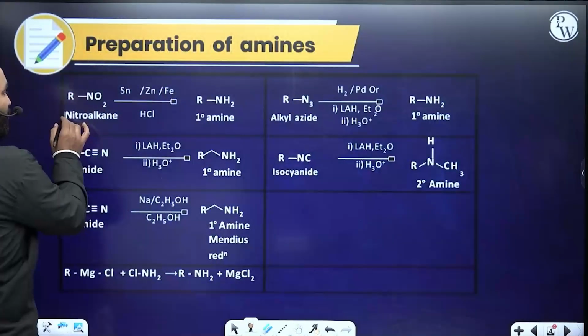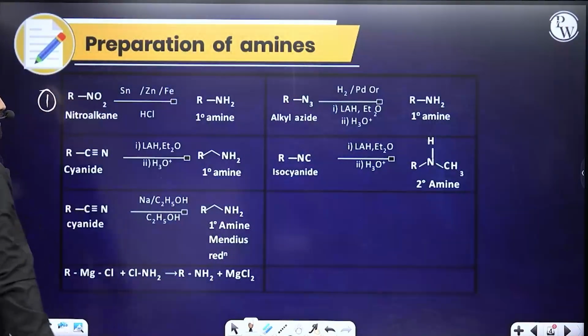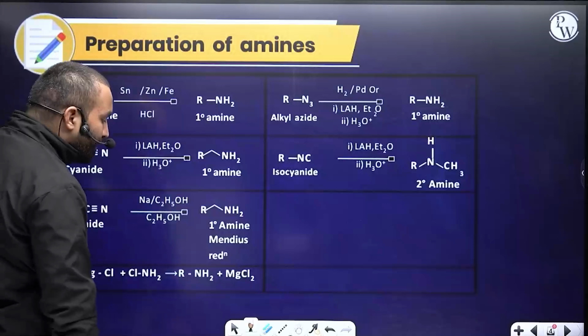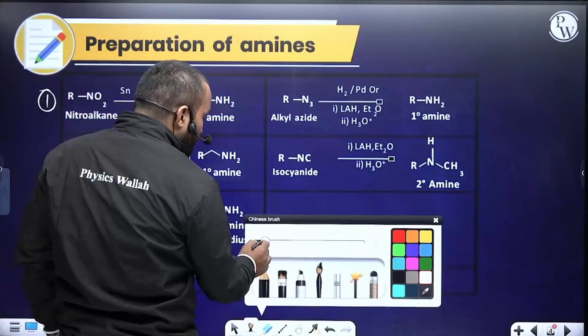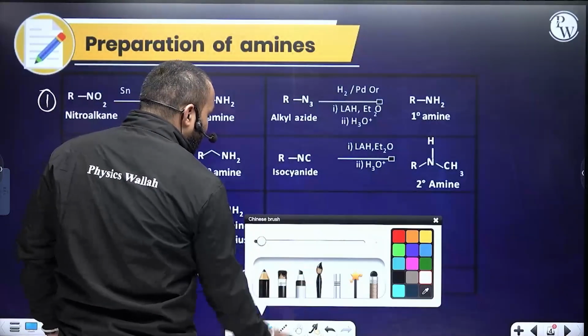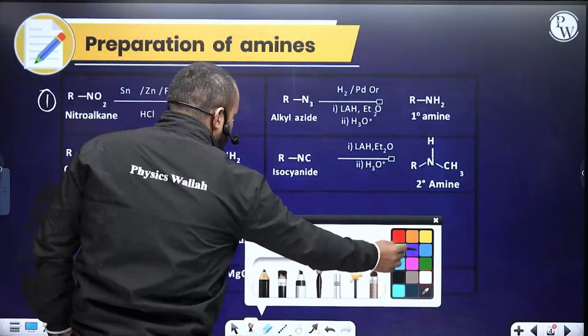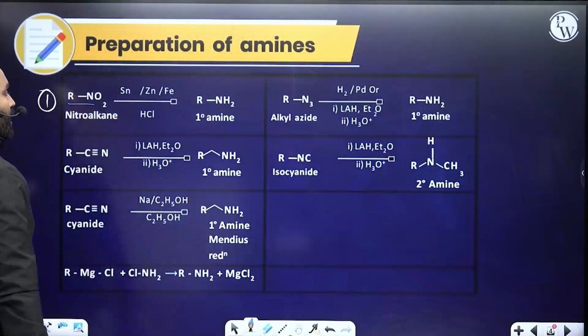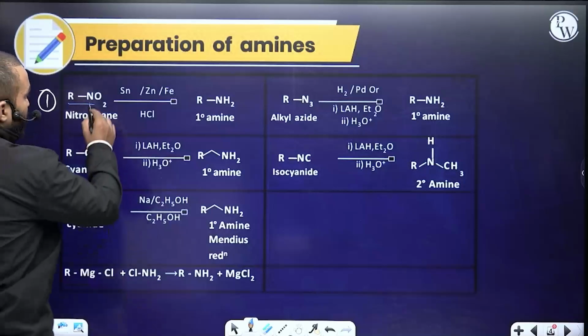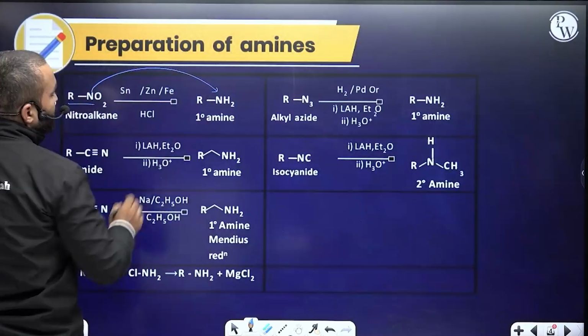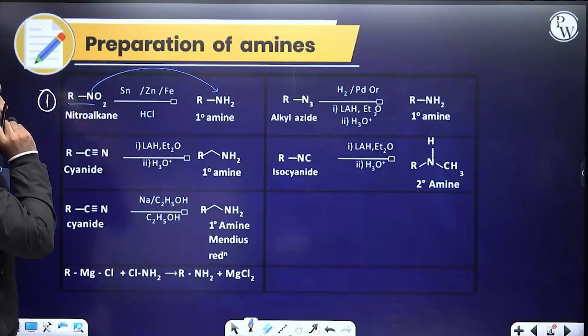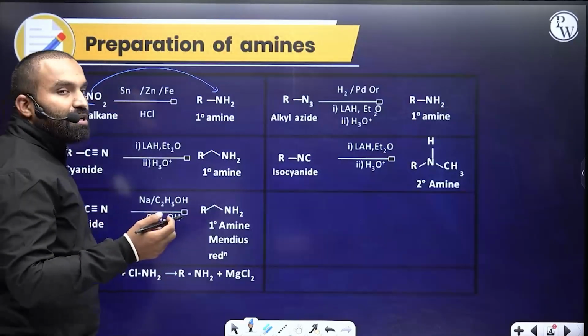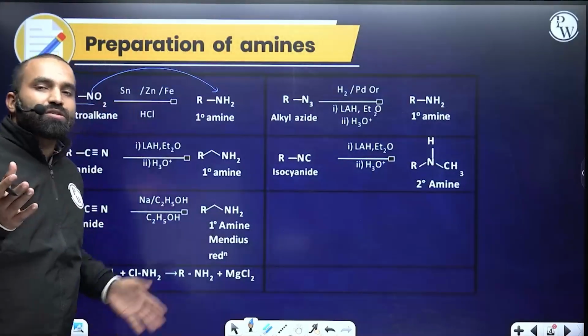So I start from reaction number 1, that is RNO2, nitro compounds. So what do we do to nitro to obtain this compound? The reaction says, if you start with RNO2, we need to reduce it to NH2. Sir, how do you know it's a reduction reaction? See, the classical chemistry definitions of oxidation and reduction are so simple.